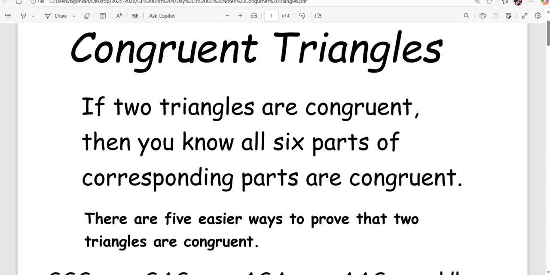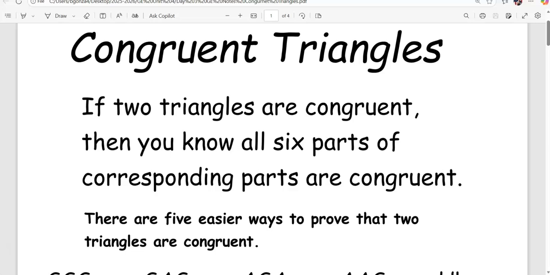So look at me. A triangle has how many sides? 3. And it has how many angles? 3. All right, so how many parts is that? 6 parts. 3 and 3. 3 sides, 3 angles.